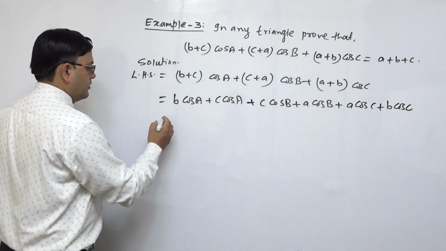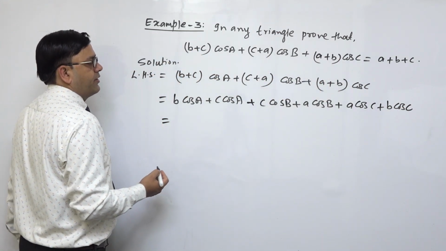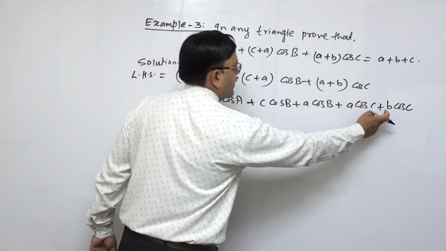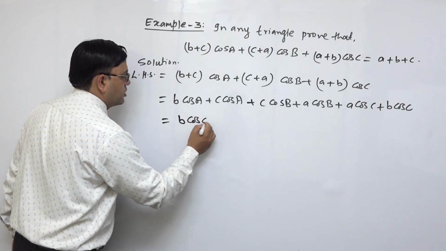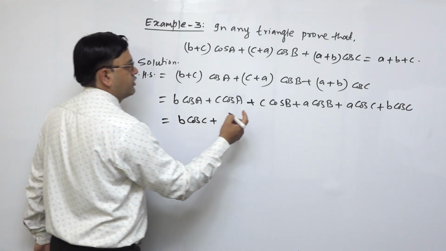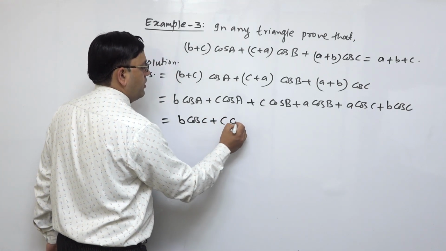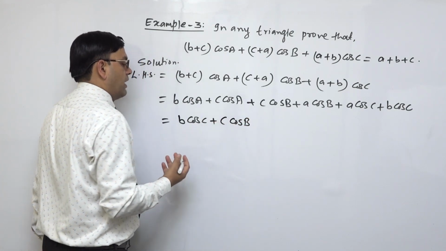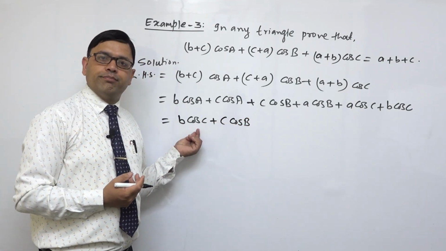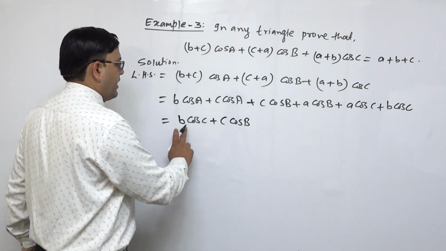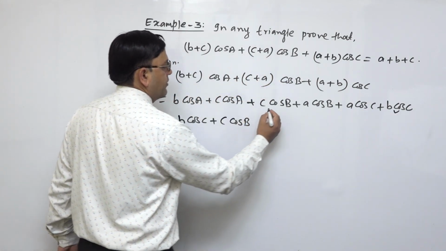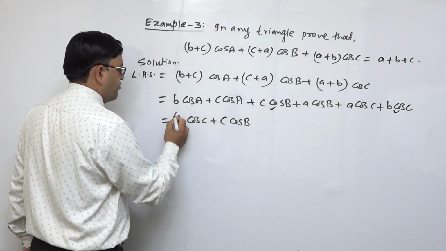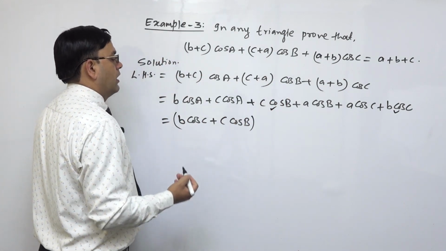So this is equal to, we can write it here, suppose b cos C + c cos B. If we put this one, then we can use the projection law. So b cos C is finished, and c cos B is also finished. We can put it in one bracket.